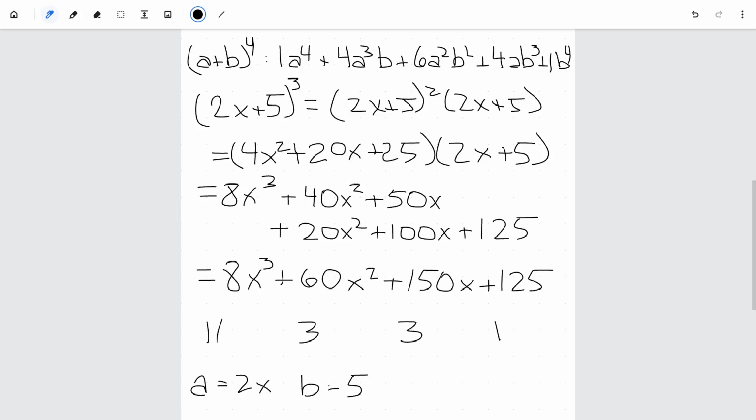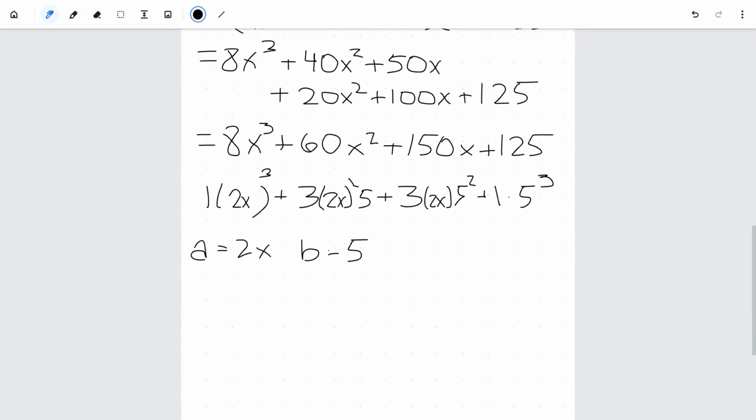So we have simply 1 times (2x)^3. And then here we have 3 times (2x)^2 times 5. And then we have 3 times 2x times 5^2, and then 1 times 5^3.